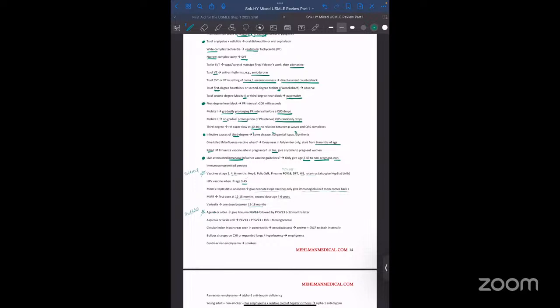I think even newer on Amboss, the age changed to much younger, not 65 anymore.